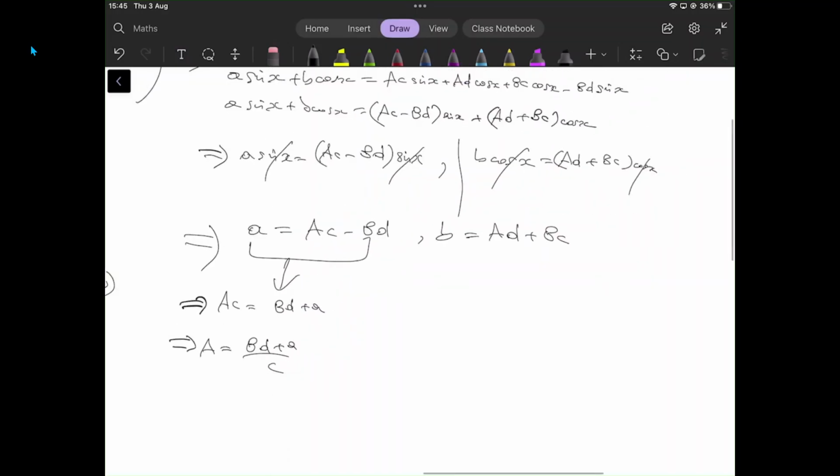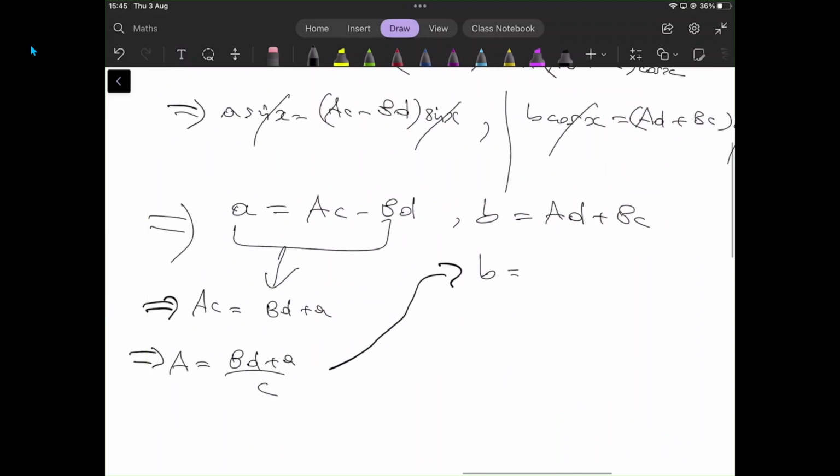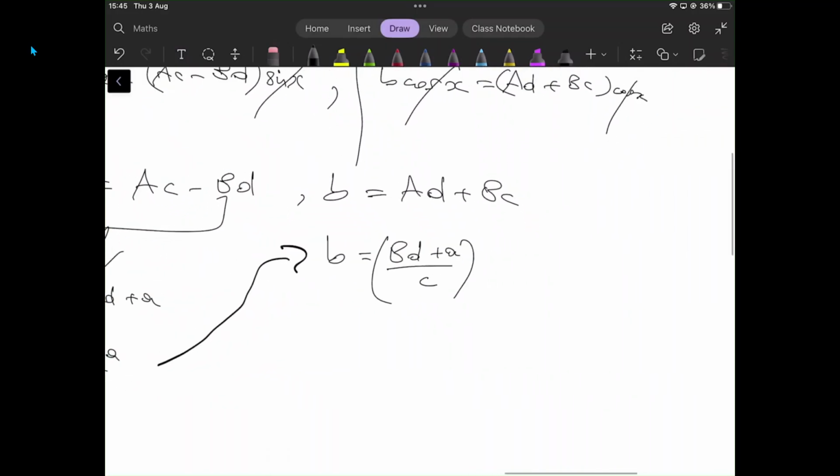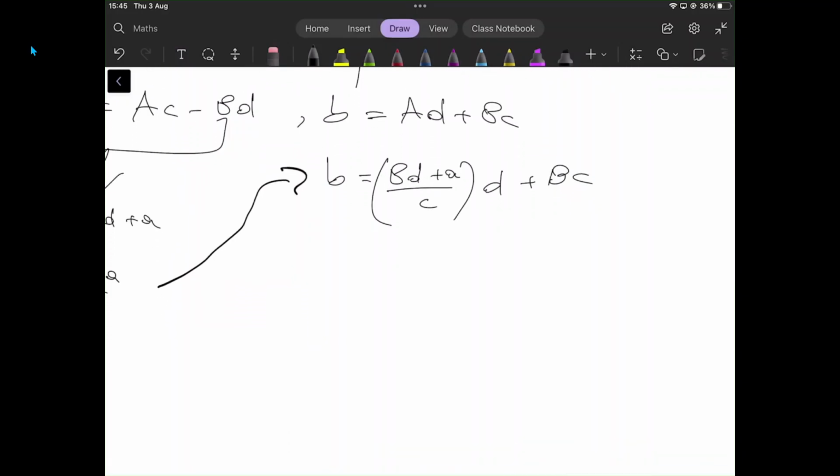And then we can go to the second equation and replace capital A with (capital BD plus a) all over c. And so we get lowercase b is equal to (capital BD plus a) over c, that's what replaced our capital A, times d plus capital Bc, like this, right? All I need to do now is isolate the capital B. So we have lowercase b minus (BD plus a) all over c multiplied by d is equal to Bc.